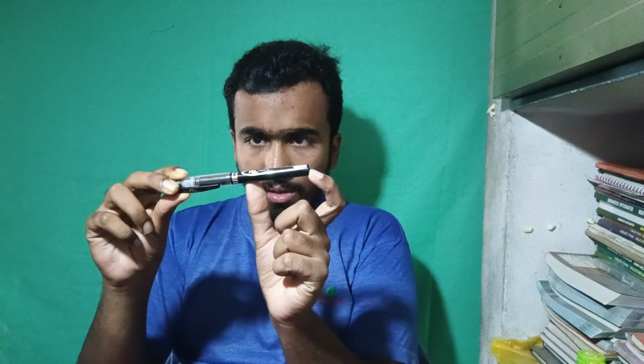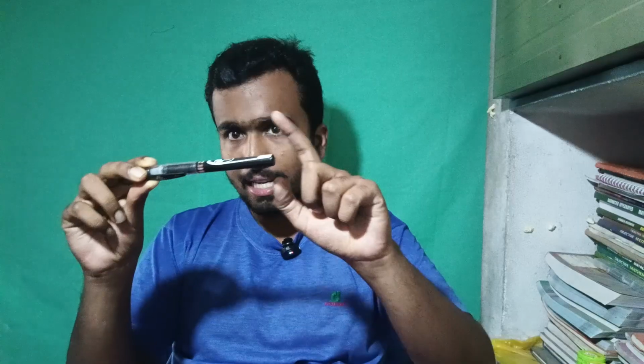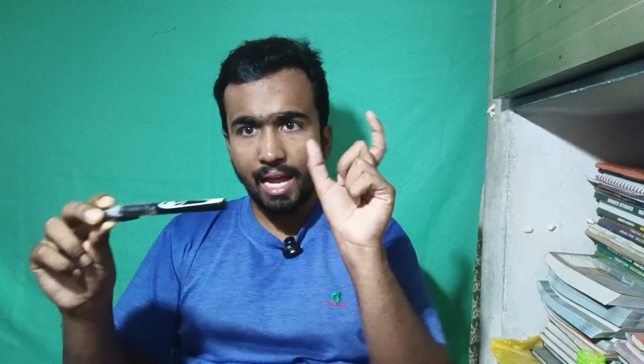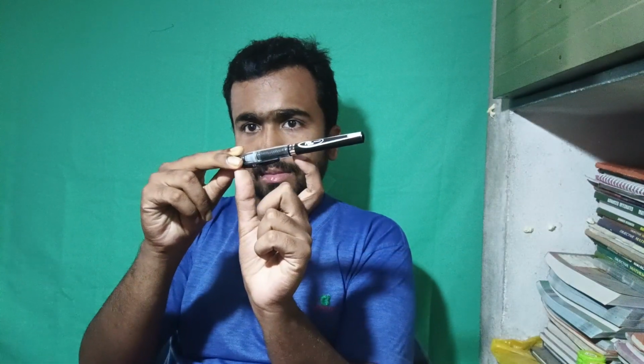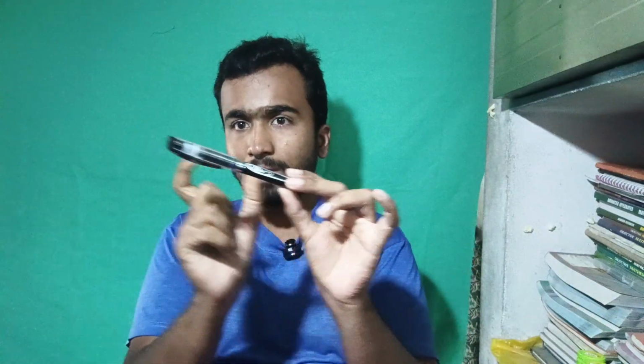Let's consider this pen A, and I have another pen B. The length of the combination of two B pens is nothing but pen A. So relative to pen B, I can say that the length of pen A is two times pen B. If I name this pen A and the other pen B, then the length of A is equal to 2B. That's what I want to say.